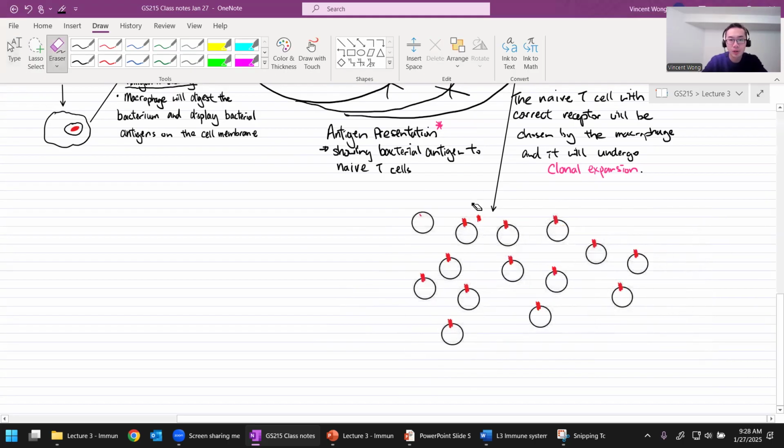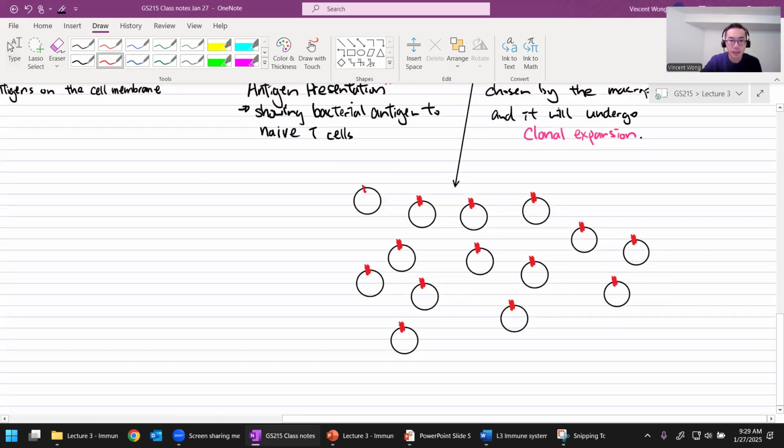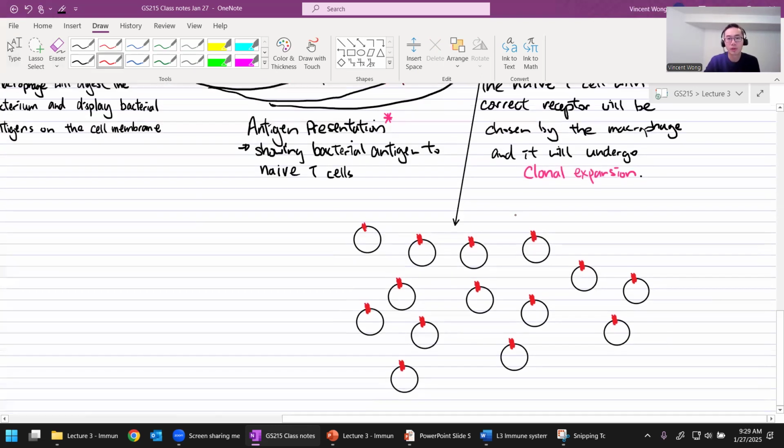So this is called clonal expansion. It's basically mitosis. I'll write it down for you. Undergo clonal expansion.